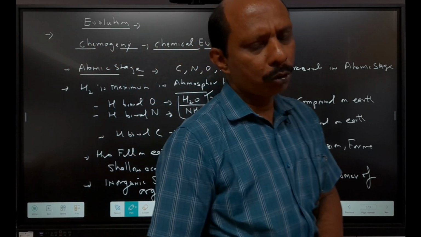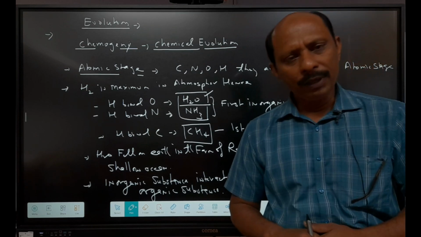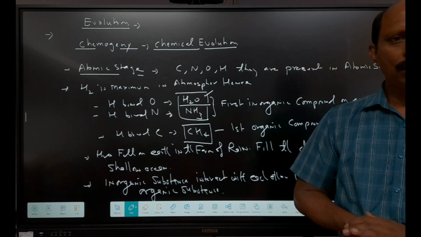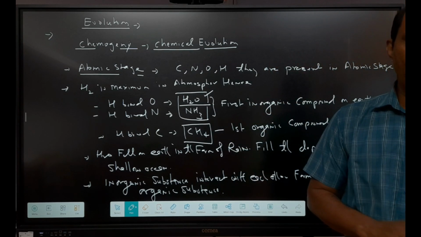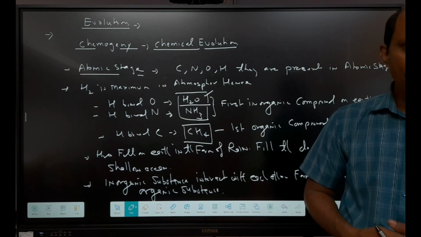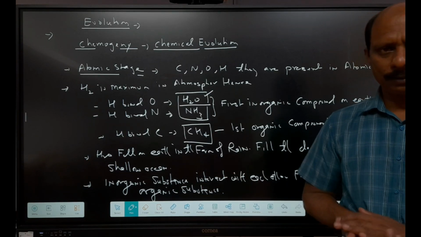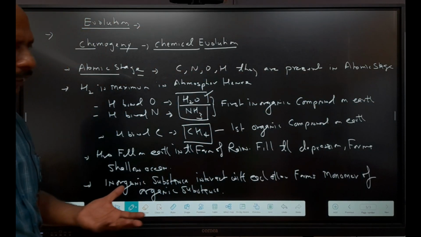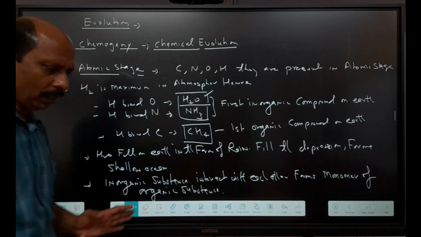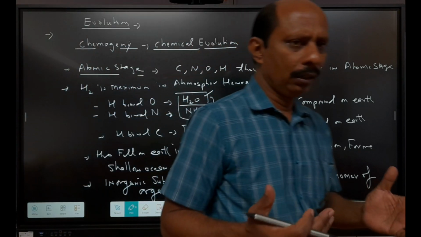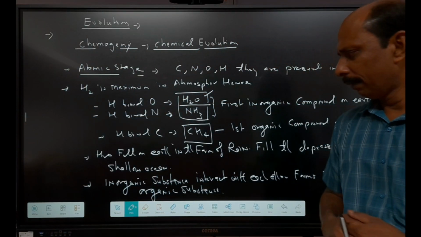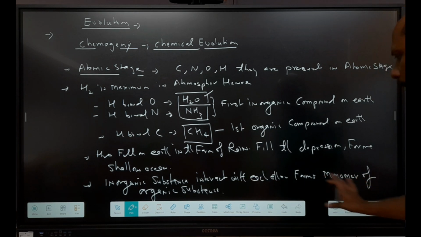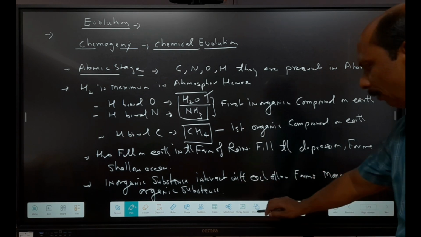Sugar, monosaccharides, or amino acids, and nucleic acid means what? They form nucleotides, right? With the help of phosphoric acid, pentose sugar, and the nitrogen base. So first they form monomers of organic substances, and then what happens?